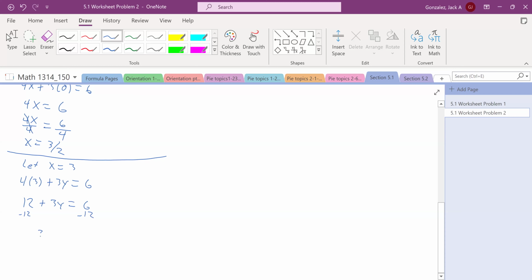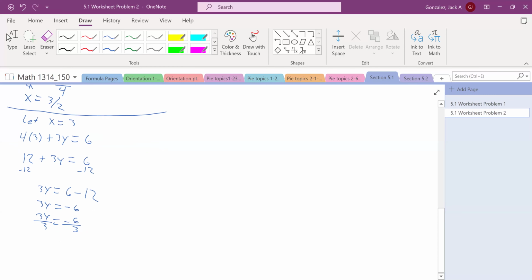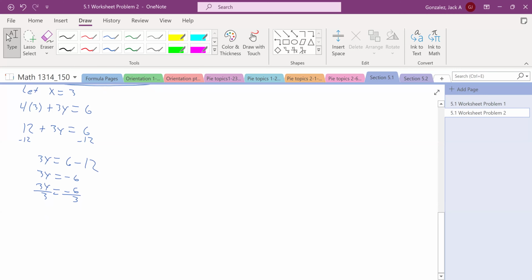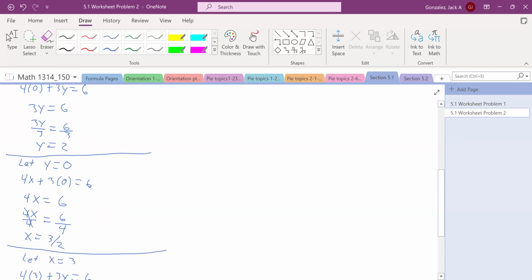You end up with 3y equal to 6 minus 12, which is -6. Divide both sides by 3. Y is -2, so when x is 3, y is -2.